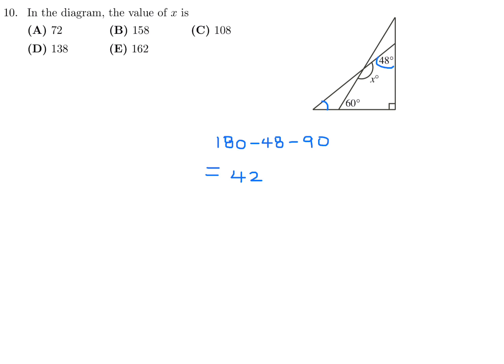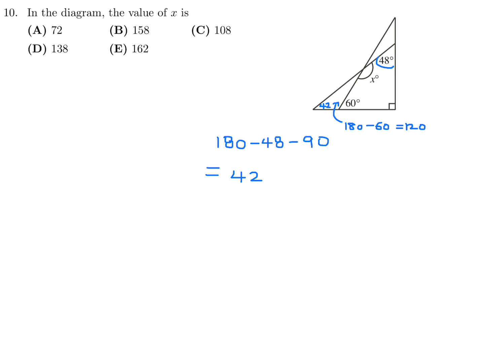So I'll put 42 right in here. And then this angle right here is going to be 180 minus 60, because the sum of the angles about a line are equal to 180. And that, of course, is 120.